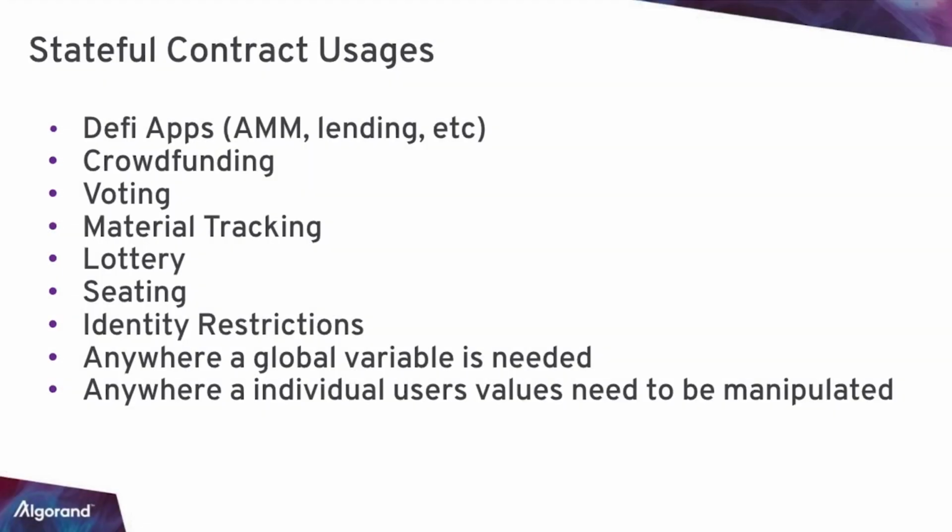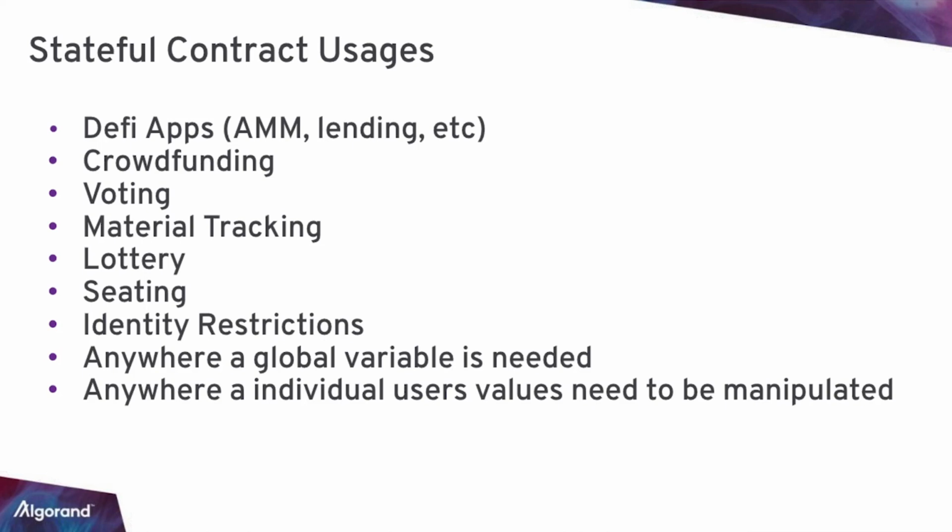So, what are the typical use cases for Stateful Smart Contracts? Well, if you're building DeFi apps like AMMs, lending, those types of things, or crowdfunding applications, voting, material tracking, lotteries, seeding, identity restrictions.